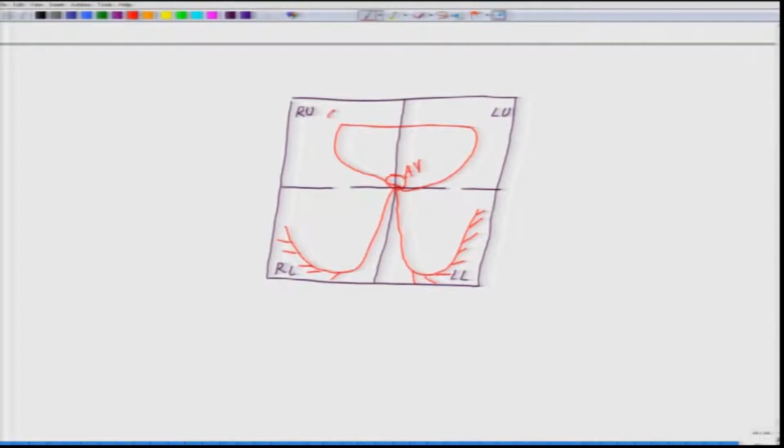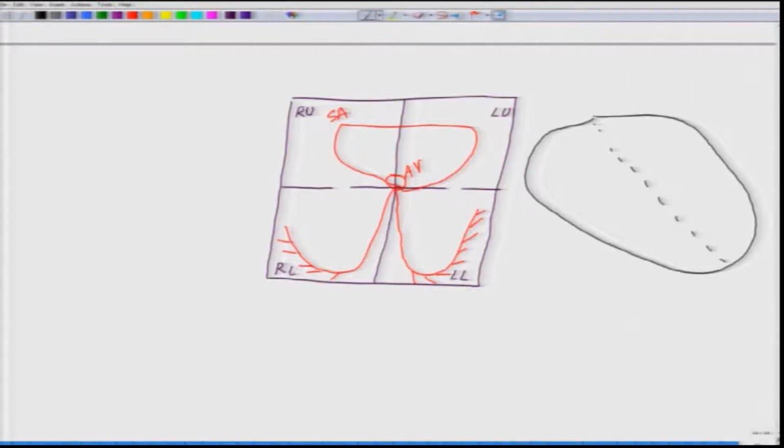AV, SA, right? And of course, for those who want to visualize it in real life, it is something like this, where you have the heart in 4 chambers. I'm splitting it up, and here you have the SA node, here you have the AV node. This is traveling like this, this is traveling like this. In real life, if you want to really visualize how this system looks like, now here is your AV and here is your SA.